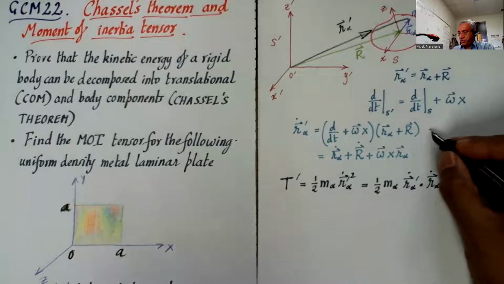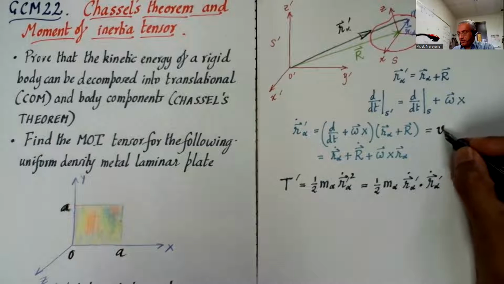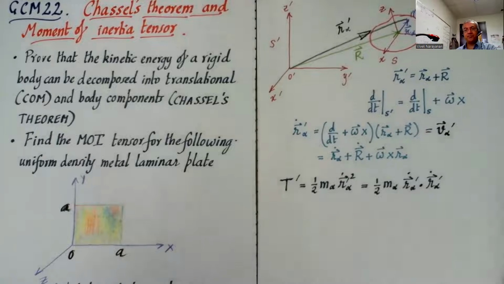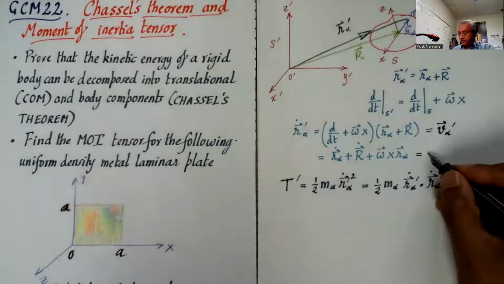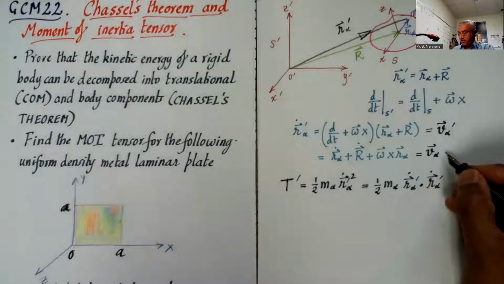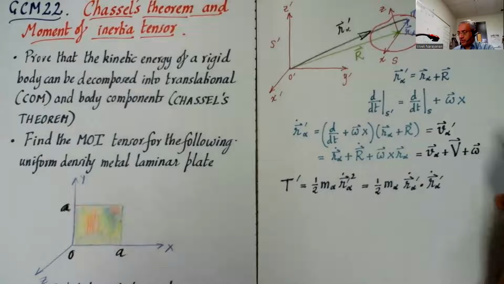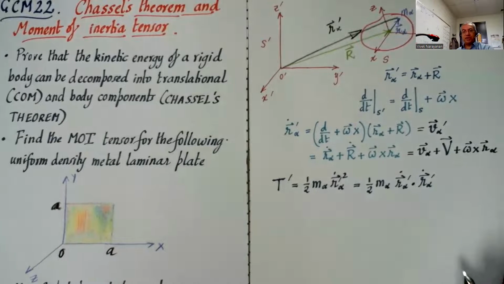So I'm going to use the notation that this is equal to v alpha prime. Okay, so v alpha prime, and that will be equal to v alpha plus capital V plus omega cross r alpha. So I'm going to switch my notation from the dots because there are too many dots involved.